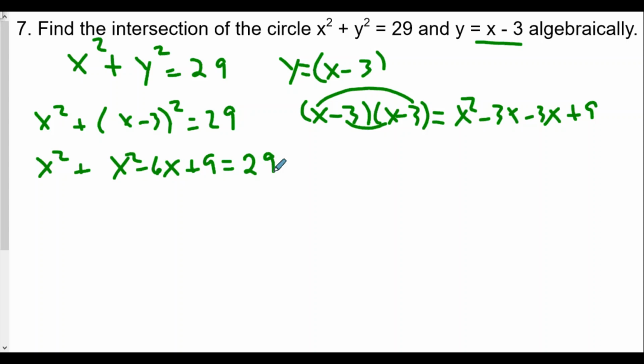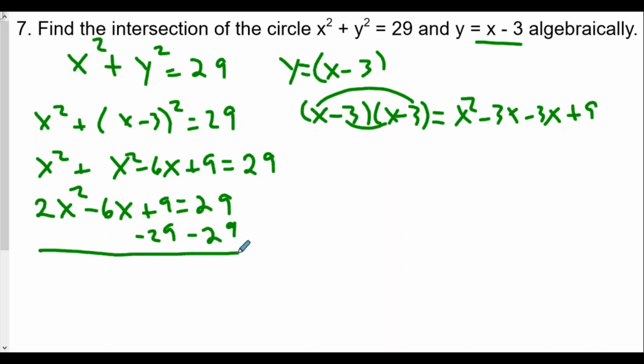We'll combine like terms: 2x squared minus 6x plus 9 equals 29. I'm going to subtract 29 from both sides to get this equal to 0. Now we get 2x squared minus 6x minus 20 equals 0.